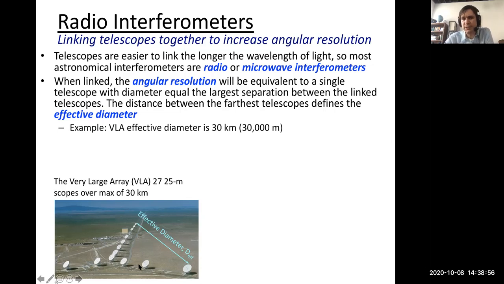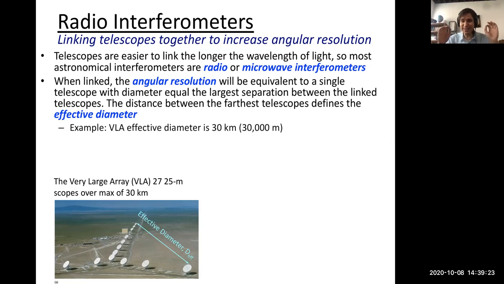At the widest positioning, the largest distance between any two telescopes would be from this telescope all the way out to the end branch of this line of telescopes. So at its widest configuration, the VLA has two telescopes that are positioned 30 kilometers away from one another.